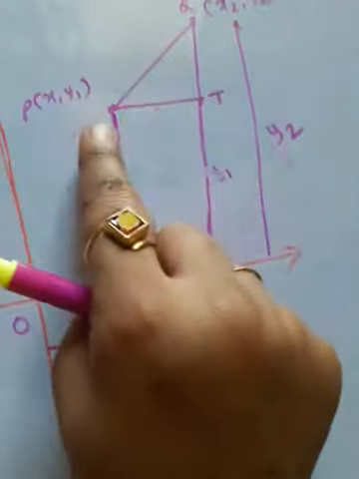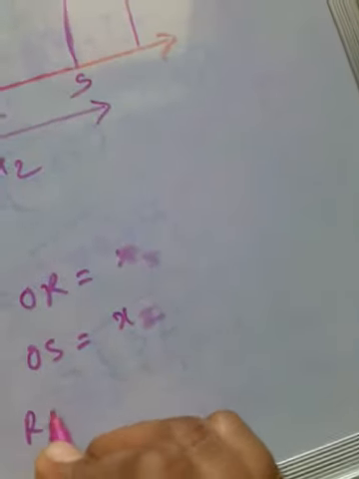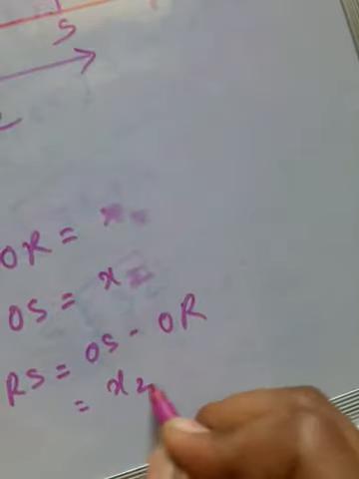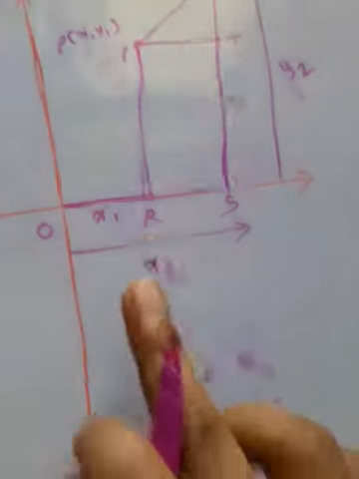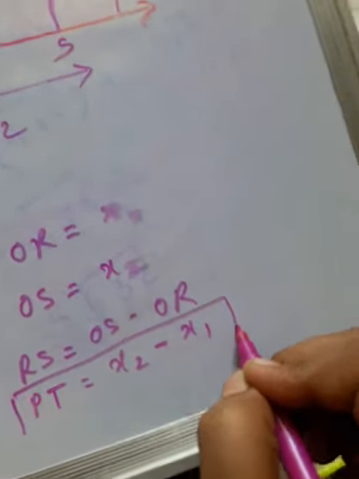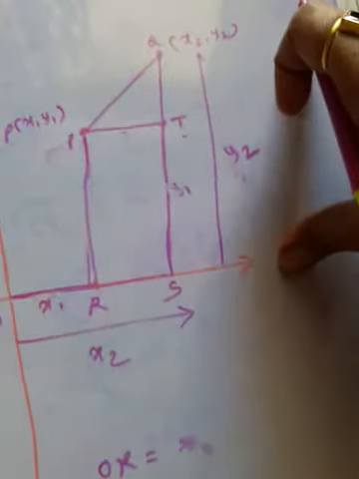So RS is OS minus OR. That means OS is x2 and OR is x1, and RS is also the same as PT, so we can write PT is equal to x2 minus x1. This is our equation number 1.